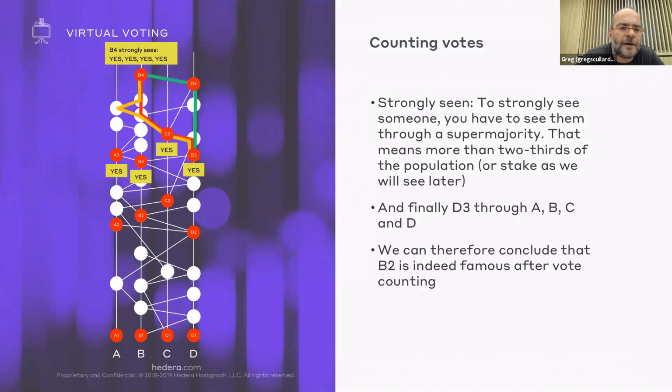And then B4 can strongly see D3 again through A, B, C, and D in this case. So this is not even a supermajority. This is a complete majority, or unanimous, I should say. So B4 sees A3, B3, C3, and D3, which we earlier determined, I think it's B2, was a famous event. So having done all of that, we can now conclude that B2 is indeed famous after counting all the votes.